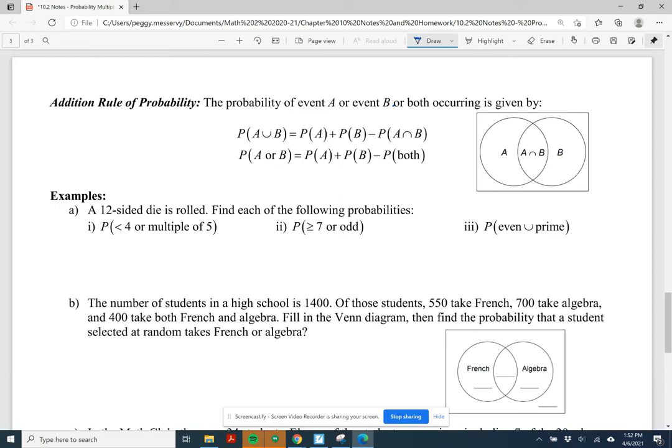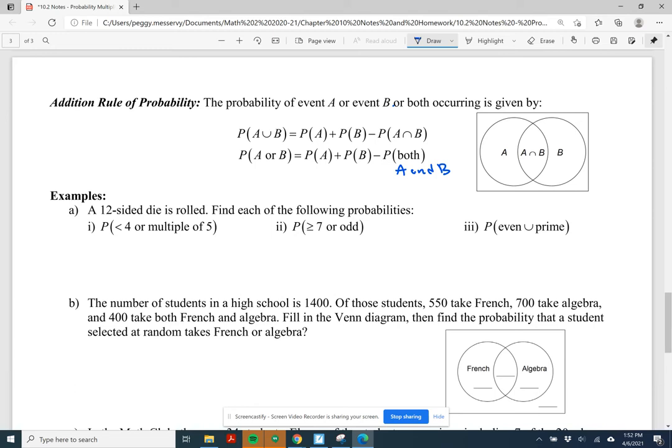Okay? We could have said probability of A and B right here. So what's happening really is we have to take the probability of this plus the probability of this, but we've added this probability twice, so we have to subtract it back off.